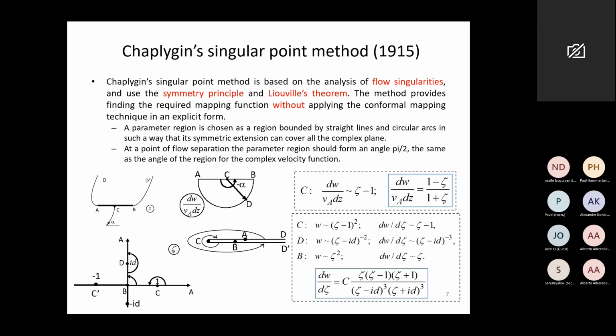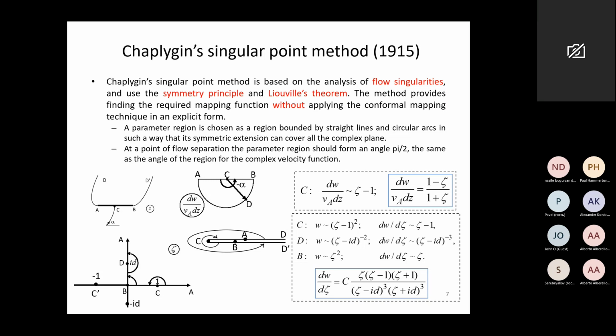I think this is a great achievement because sometimes Christoffel-Schwarz integrals are too complicated, too complex, and not easy to evaluate. So in this case, we choose the parameter region. Also, Chaplygin suggested choosing a parameter region bounded by straight lines and circle arcs in such a way that its symmetric extension can cover the whole complex plane.